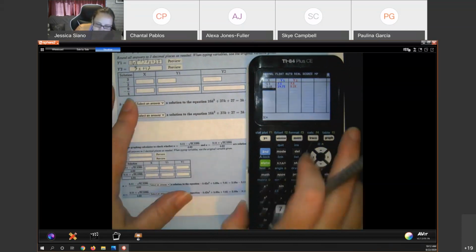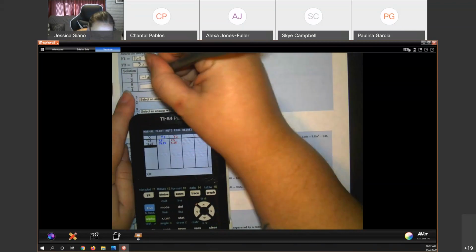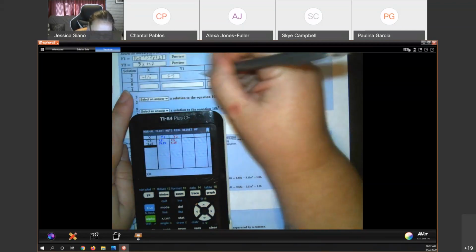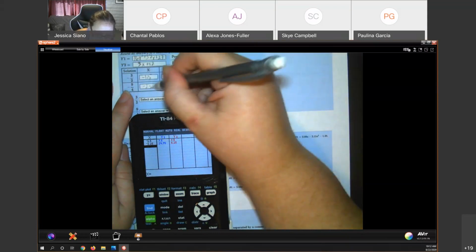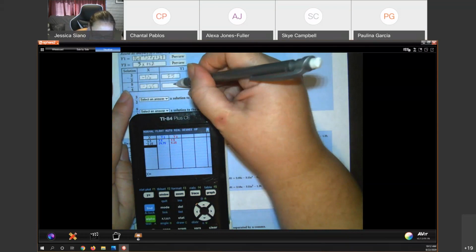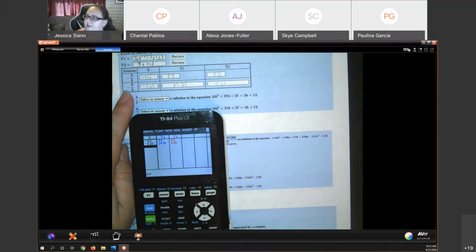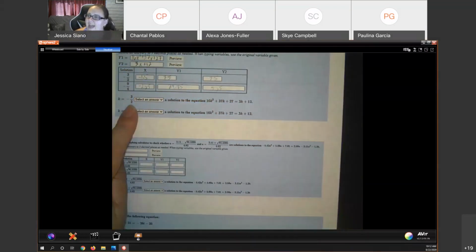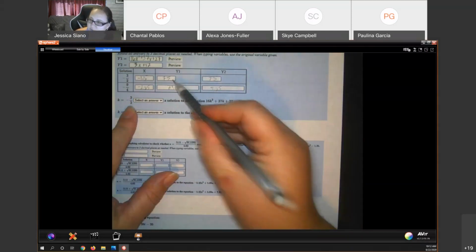So here, let's write what we see on the calculator. X is negative 1.5, Y1 is 7.5, Y2 is 7.5. X is negative 2.25, Y1 is 24.75, Y2 is 5.25. So is negative 3/2 a solution? See how Y1 and Y2 are the same?